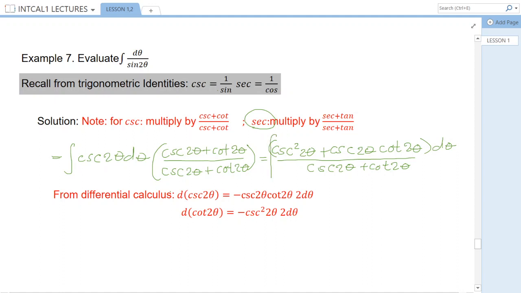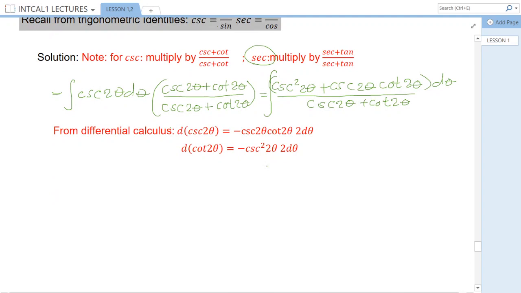That is the integral. Okay, to be able to get the integral for that, let us get the derivative of the denominator. For cosecant 2 theta, that is negative cosecant 2 theta cotangent 2 theta, and for the derivative of 2 theta, that is 2.